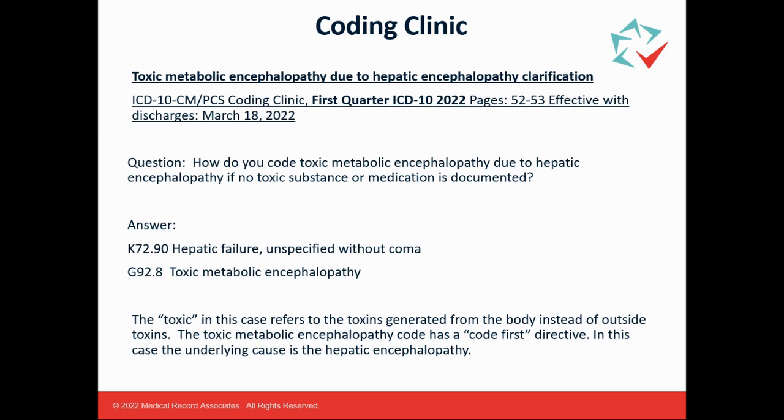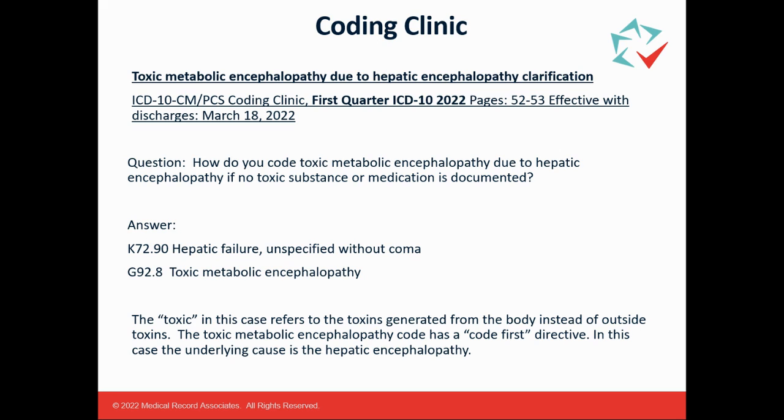We also have another coding clinic regarding toxic metabolic encephalopathy due to hepatic encephalopathy. And this is from first quarter 2022, pages 52 and 53. And the question here is, how do you code toxic metabolic encephalopathy due to hepatic encephalopathy if no toxic substance or medication is documented?